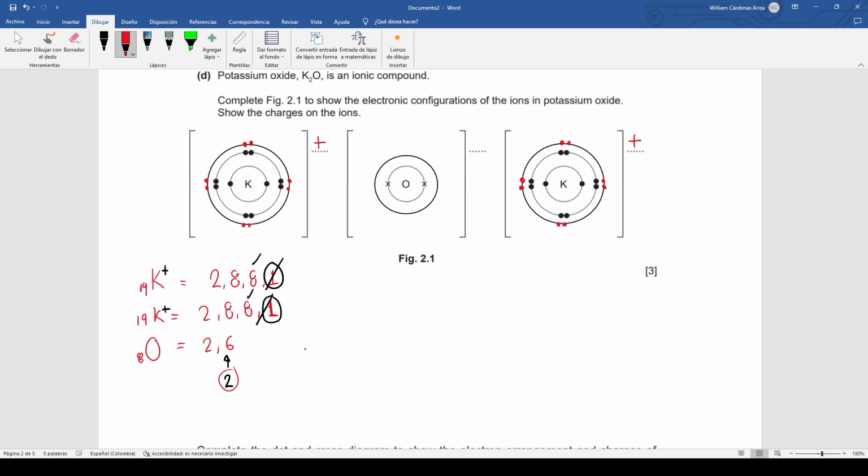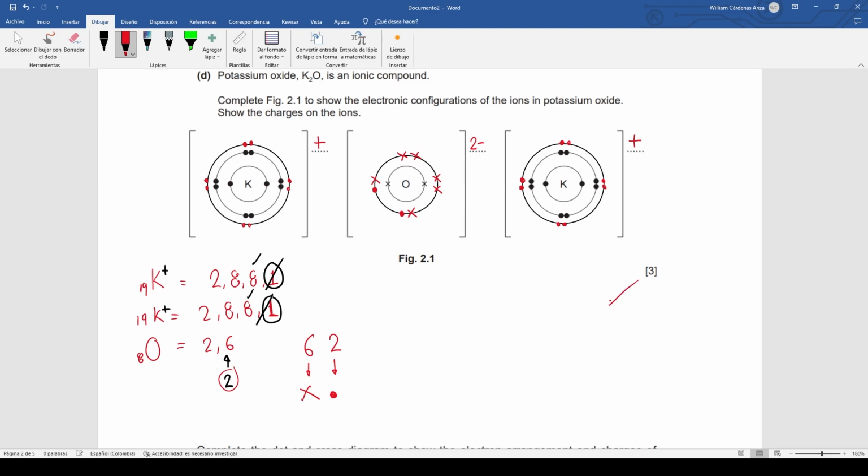But look that 6 of these electrons will be crosses because they are from oxygen, but the other 2 electrons will be dots because they come from the potassium. So let's put the crosses here. We can combine here like a dot and cross, or we can put 2 dots here. It doesn't matter, actually. But the most important thing here is that you have to put the charge as minus.